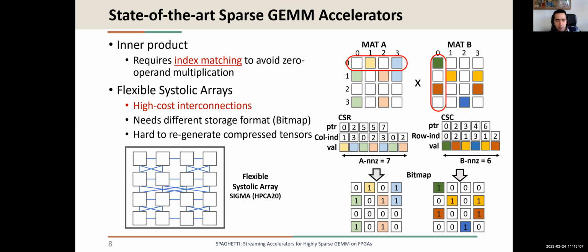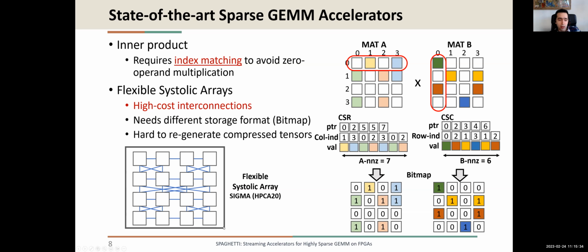One of the papers that was published in HPCA 2020, it was actually the best paper in HPCA 2020, called Sigma. They proposed a flexible systolic array. As I mentioned, inner product requires index matching. So they proposed a flexible interconnection network.